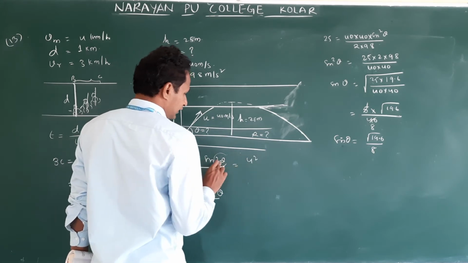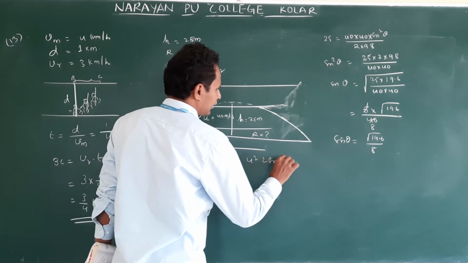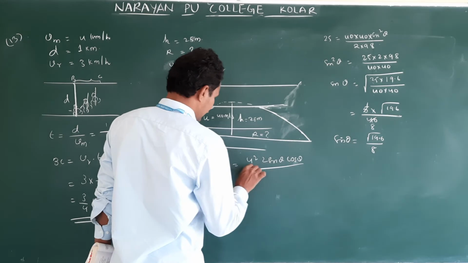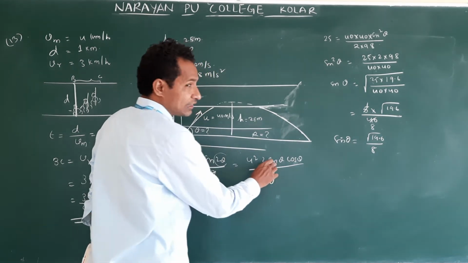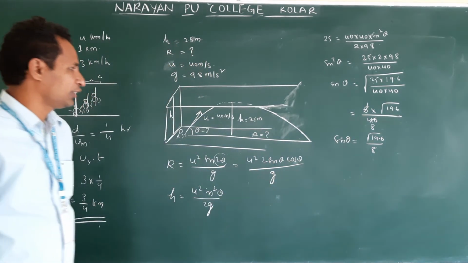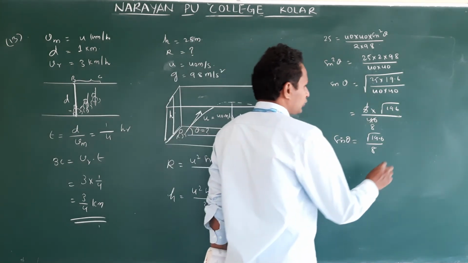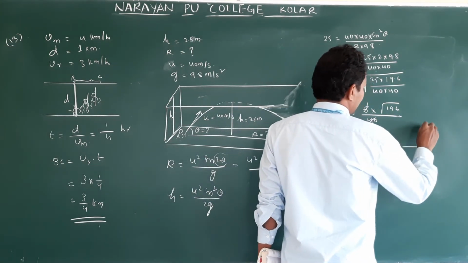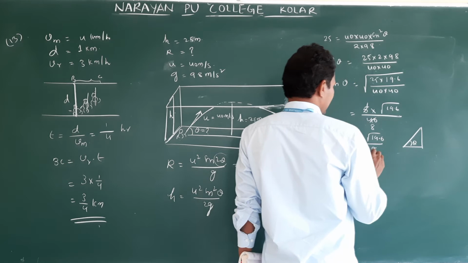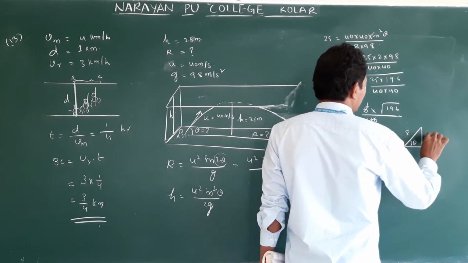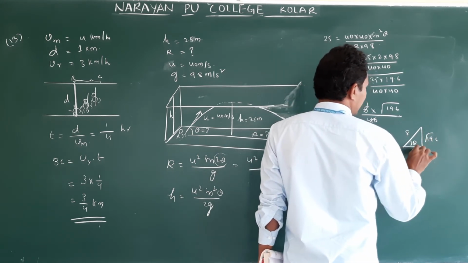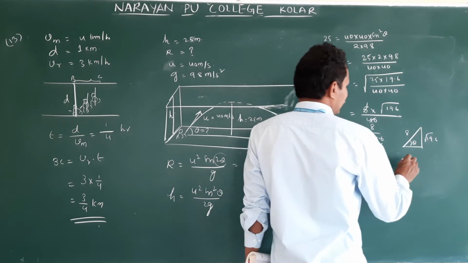So what is R? U square, and sin 2 theta we can write as 2 sin theta cos theta by g. Already we got sin theta, right? We need to find cos theta using trigonometry. If you draw a triangle like this, this is theta. What is hypotenuse? 8. What is opposite side? Root 19.6. This adjacent side we require. Then how do we get that?